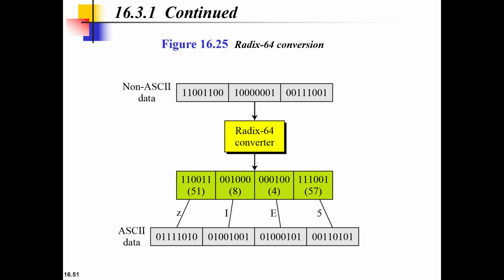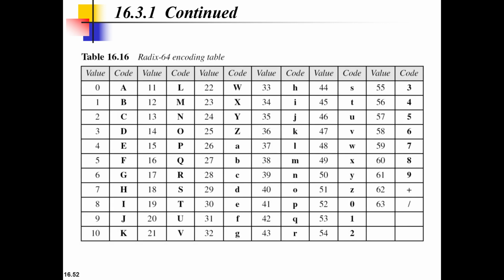Radix 64 divides the binary data made of streams of bits into 24-bit blocks. Each block is then divided into 4 sections, each made up of 6 bits. Each 6-bit section is interpreted as one character according to the given table 16.16.